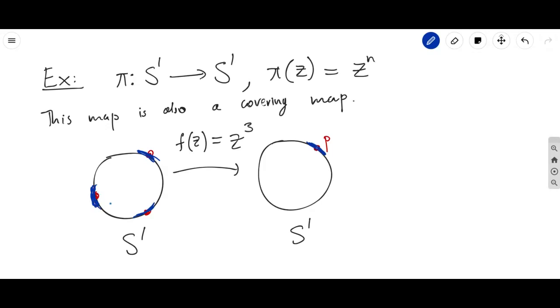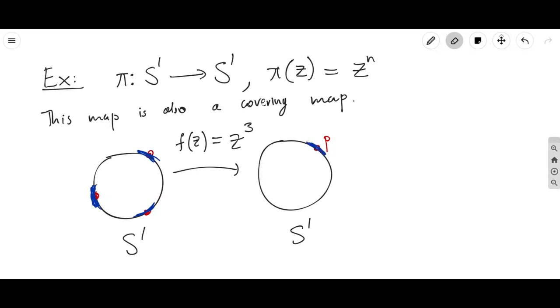So if it's sufficiently small, then when you draw these 3 open arcs, they're not going to be crashing into each other. So you have 3 pieces, and all of these 3 are being mapped homeomorphically to this arc by using this mapping z cubed. So that's sort of a picture to convince you why these are also covering maps.